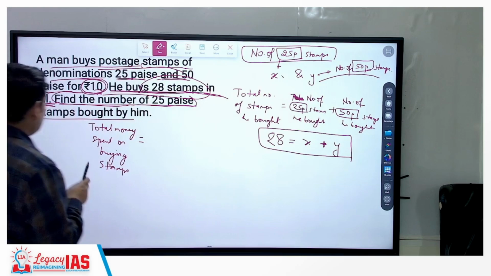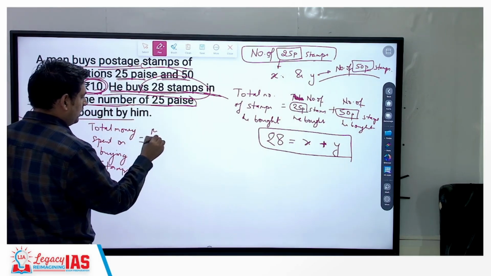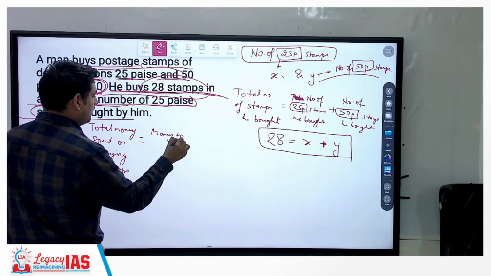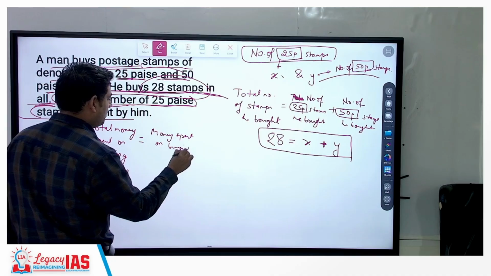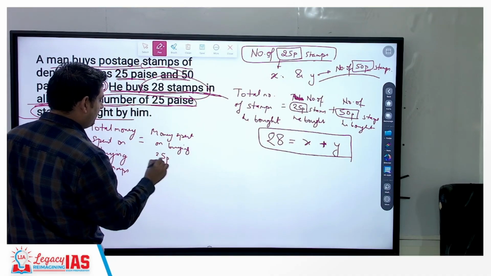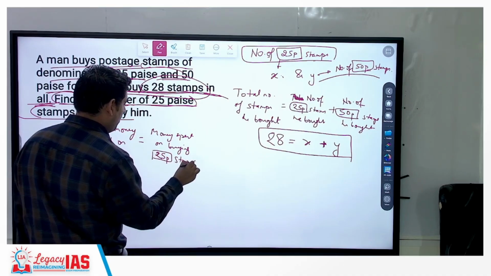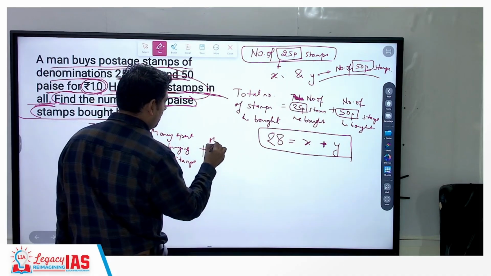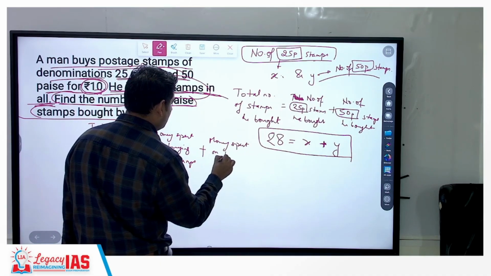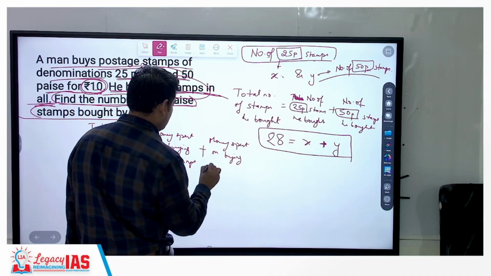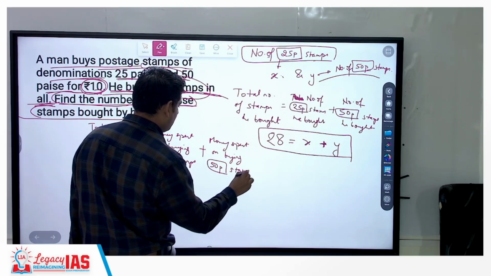Now see, total money spent on buying stamps is equal to money spent on buying 25 paise stamps plus money spent on buying 50 paise stamps.